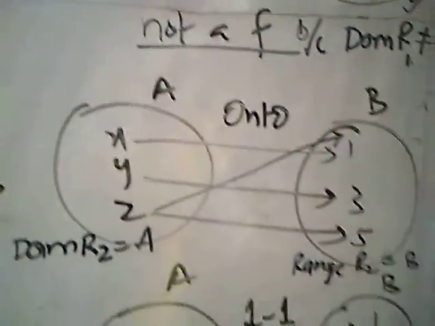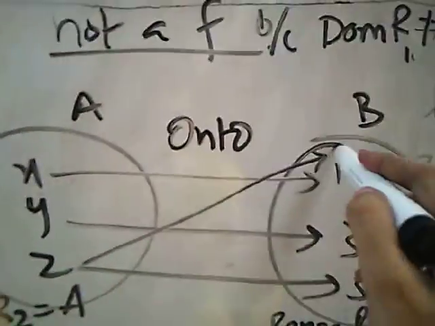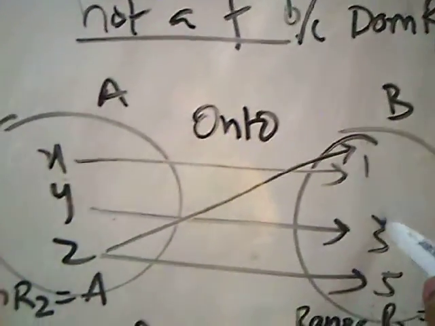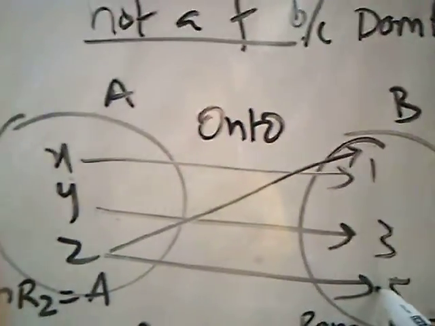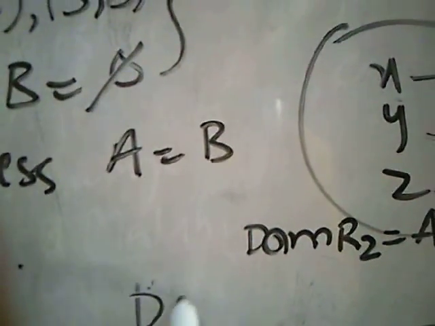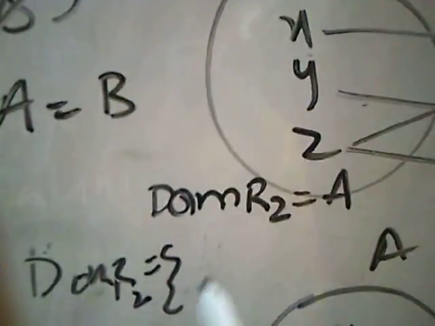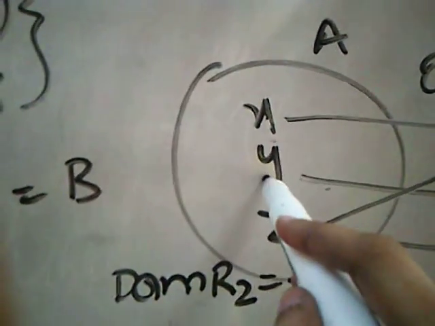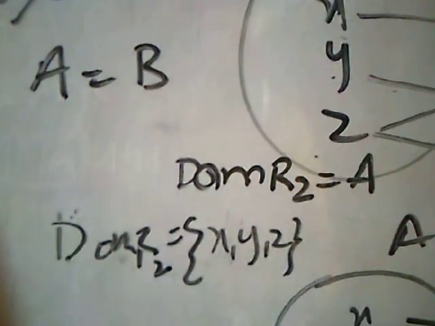Now take another example. In this mapping, x is mapped with 1, y is mapped with 3, and z is mapped with 1 also and 5 also. So if someone asks what is the domain of this R2 function, by looking at the diagram you will say, since x is used, y is used, and z is used, this is the domain.